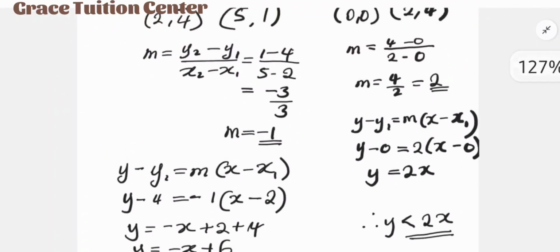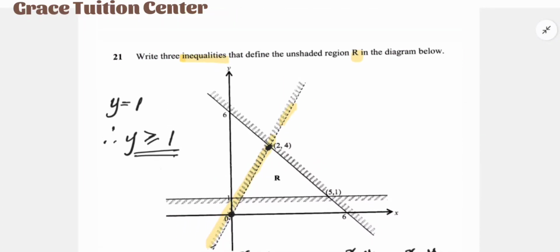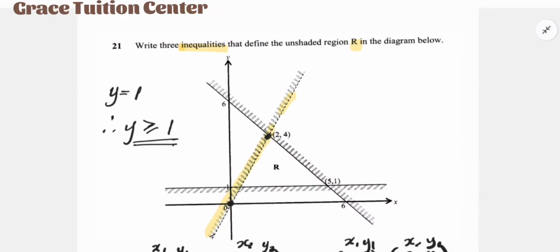So this, ladies and gentlemen, is the process that you have to go through to get the 5 marks that this question offers. So to find the inequalities, if the line is parallel to the x-axis or parallel to the y-axis, for such kind of lines, just pick the point where it's cutting the x-axis or the y-axis, and equate with the axis it's cutting.